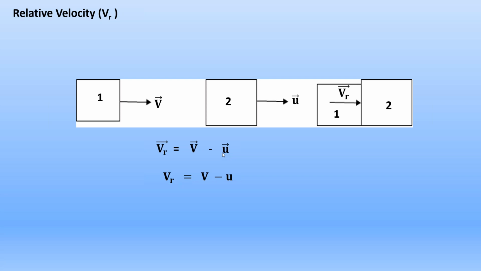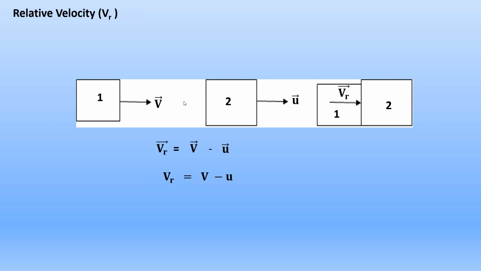Now, in the diagram, all the velocities are in the same direction. V bar is horizontal. U bar is horizontal. VR bar is also horizontal. If all the velocities are in the same direction, you can write this vector subtraction: VR bar is equal to V bar minus U bar.